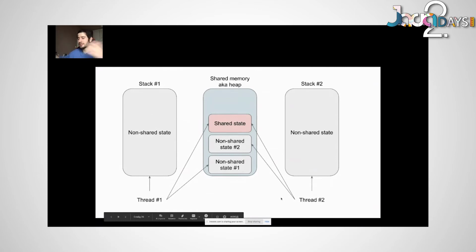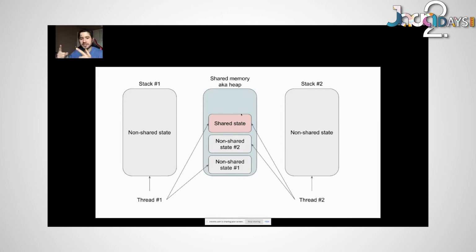One thing you could access is the stack which each thread has, and the heap memory which is used explicitly by that thread. In this case, thread 1 has a non-shared state which is residing in the heap. It can theoretically be shared, but it's not, because only thread number 1 can access it. Thread number 2 has something similar. And the only case in which you might have a potential thread safety violation is when 2 threads are accessing shared state.